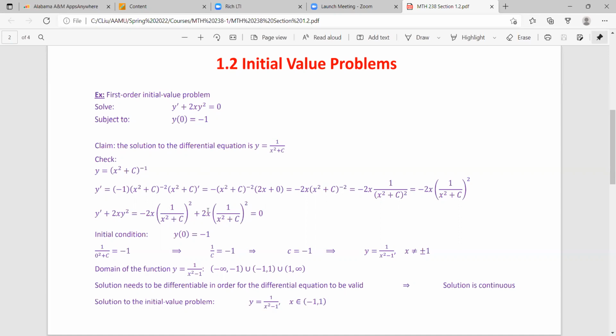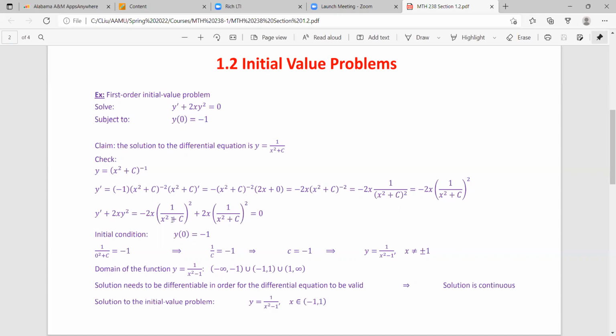Okay, so you can see in this solution, we do get the arbitrary constant. And you expect that because when you integrate once from the equation to solve for y, you do get an arbitrary constant. Okay. And this arbitrary constant will be determined by the initial condition y(0) equal to -1.